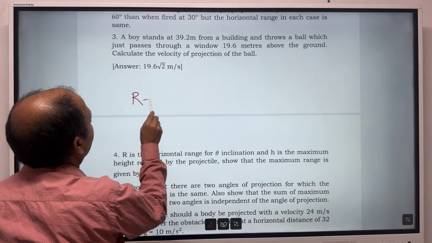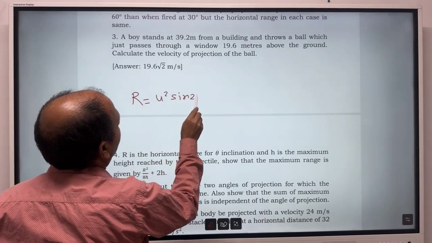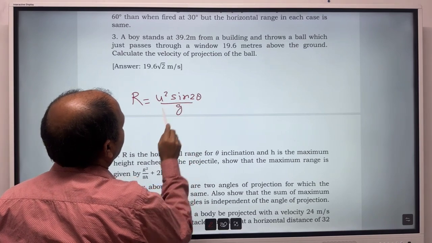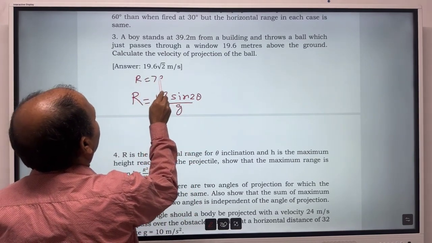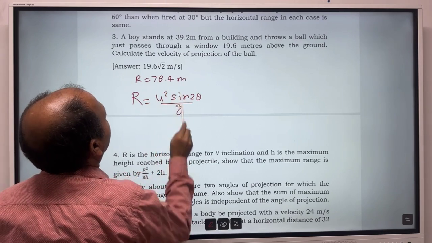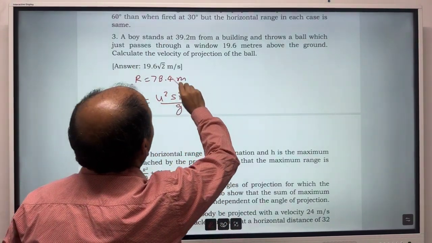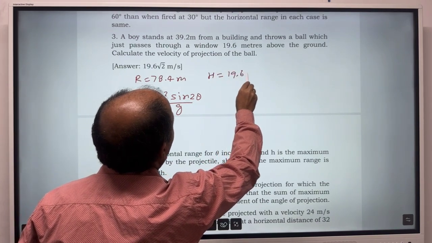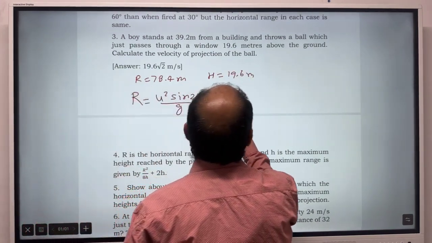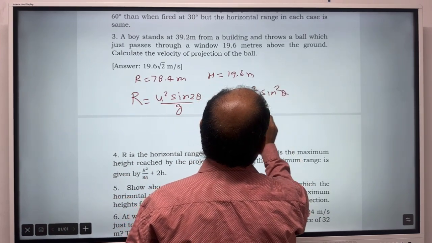Here R, horizontal range, is u square sine 2 theta upon g. In our question, R is 78.4 meter, double of this as we have calculated earlier, and height is given as 19.6 meter, and formula for height is u square sine square theta divided by 2g.